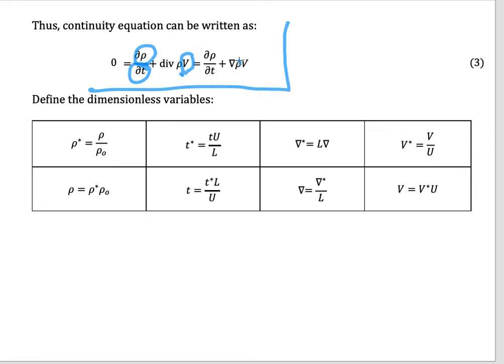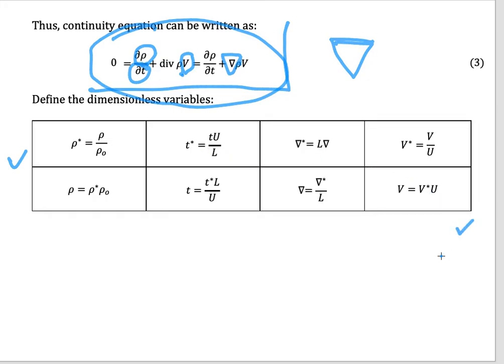We have the parameter density, the parameter t, the velocity, and the parameter nabla. This triangle is called nabla. We need to check our table and make sure we have the dimensionless variable for all the parameters in our equation. For example, for rho we have rho star, which is rho over rho naught, and t star is t u over L, and so on and so forth.